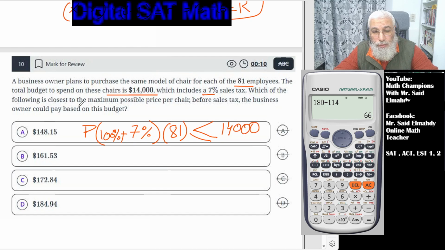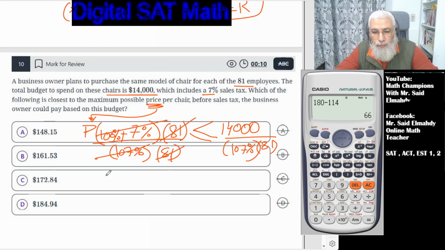Which of the following is closest to the maximum possible price? So we divide by 81 and divide by 107%, so these cancel. So P is less than or equal to 14,000 divided by 107% multiplied by 81.